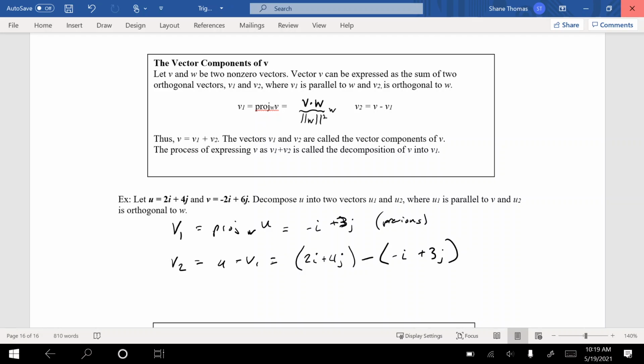So I'm going to have 2 minus a negative 1, so 2 plus 1 is 3I. I'm just adding like terms. And then 4 minus 3 is going to be 1. So that here would be my V2. V1, V2: the first one is going to be parallel, the second one is going to be orthogonal.